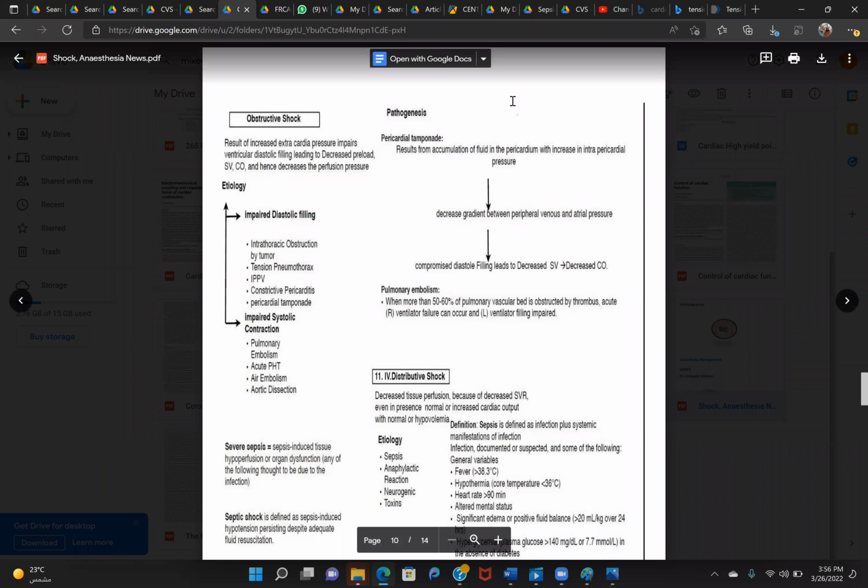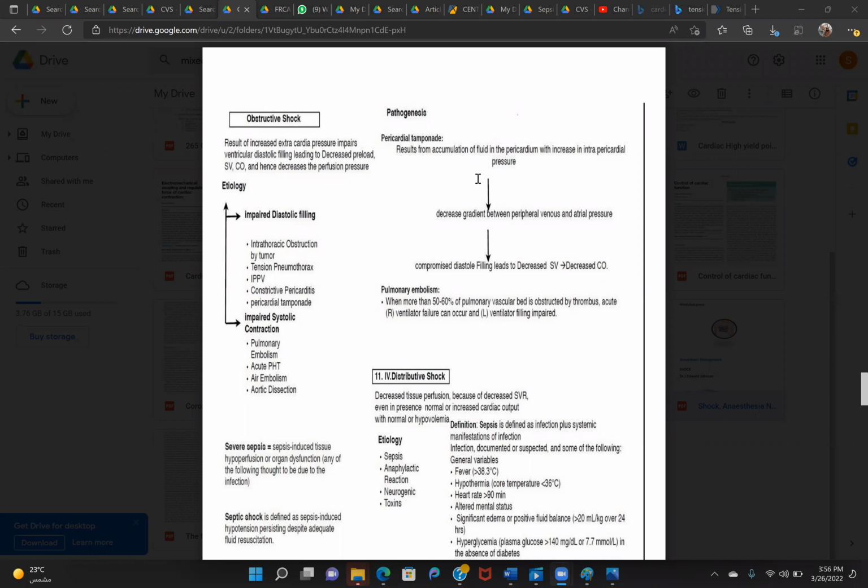The air is trapped in the thorax, the pleural cavity. The mediastinum is shifted to the opposite side. Can you just improve your words? It's right, but what happens in simple pneumothorax? In simple pneumothorax, there is the presence of air in the thorax.